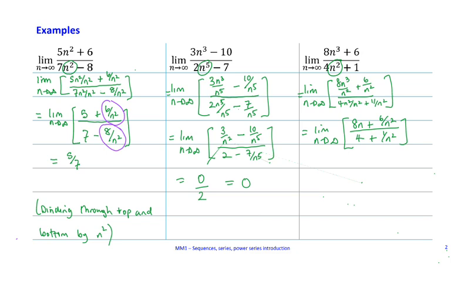On the top, when n goes to infinity, what do we have? Infinity, because this one here is actually multiplied by n. So we have infinity over 4, so infinity. So what this tells us is the terms in the sequence increase without bound.